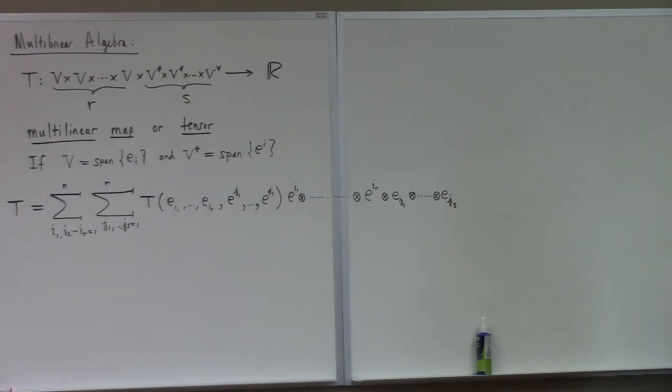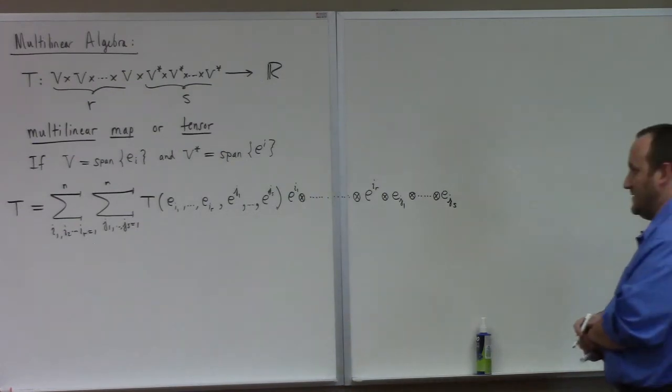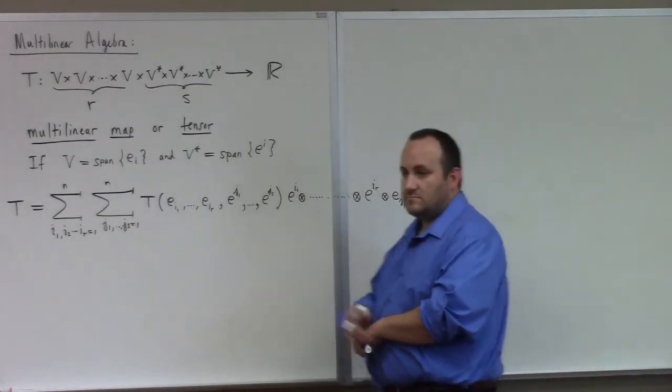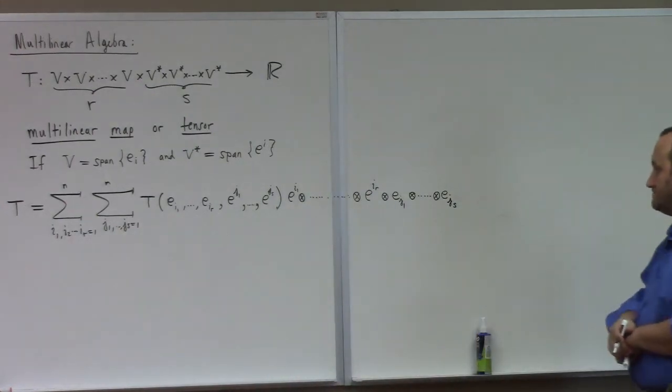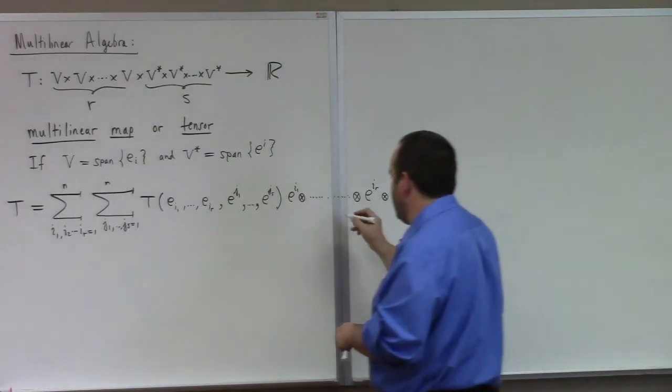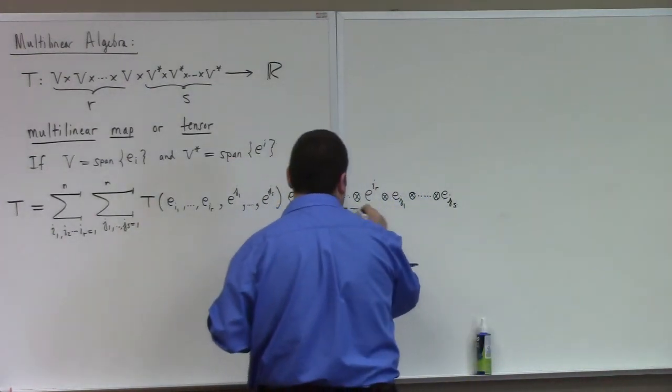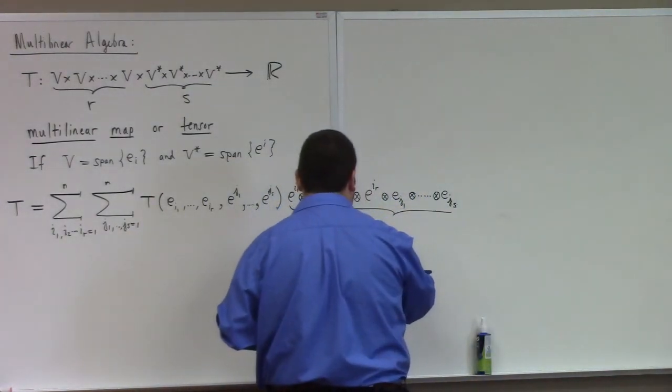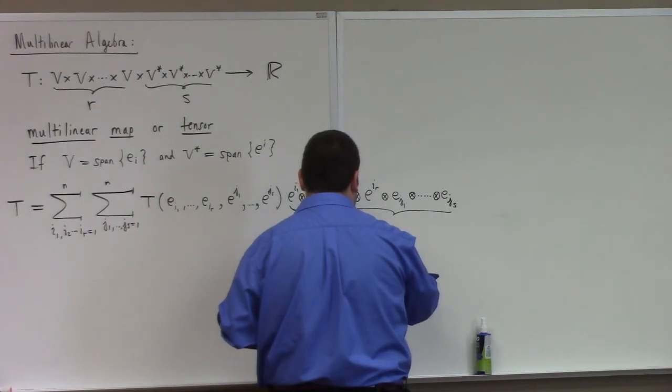Well, the E lower i's are in V, and the E upper i's are in V dual, so that's the order they have to be fed to the tensor. Why are the other way around? Oh, this right here is itself a tensor.